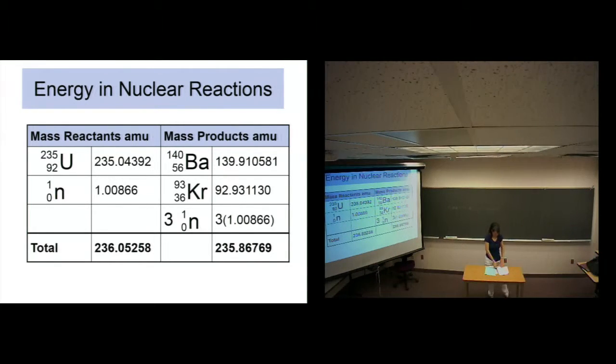So let's subtract that, and we would get a negative 0.18489, and that is in AMU. The units are AMU per atom because we're talking about that one atom. Now let's look at E equals mc squared.